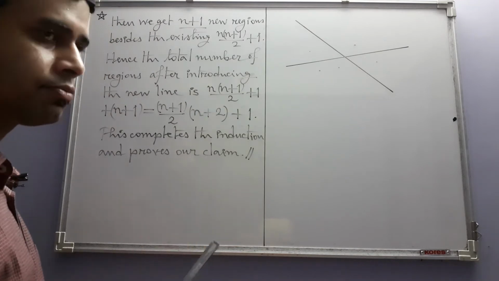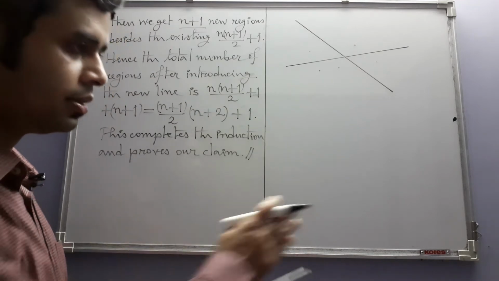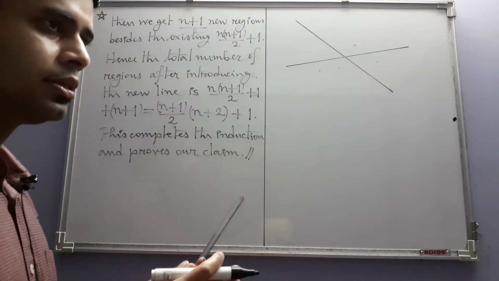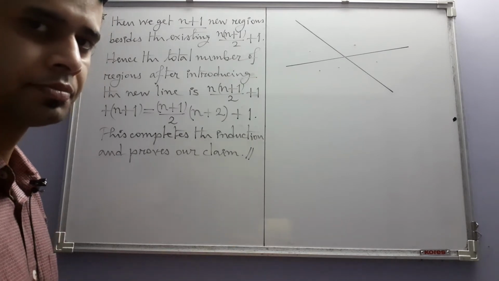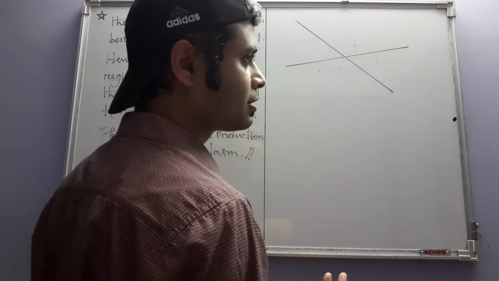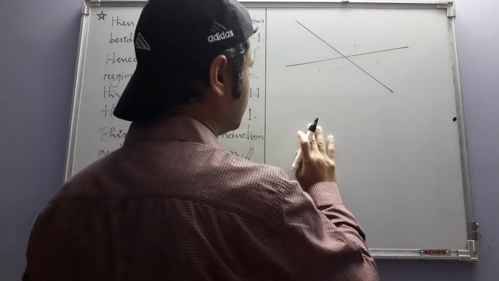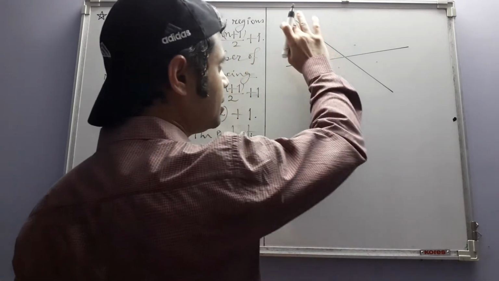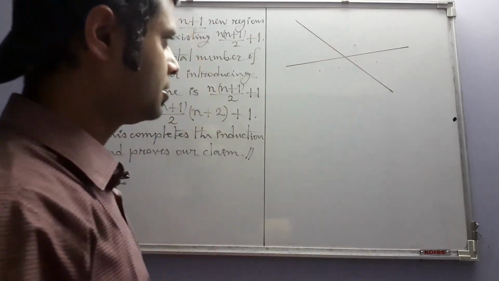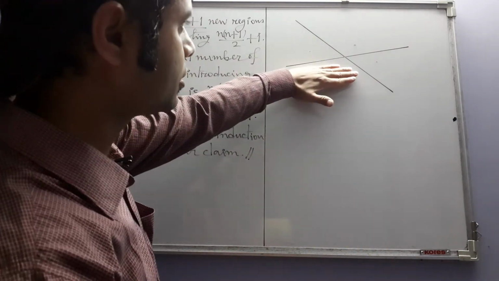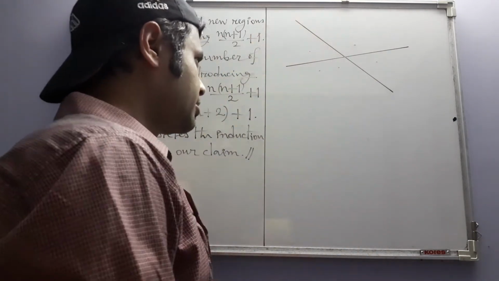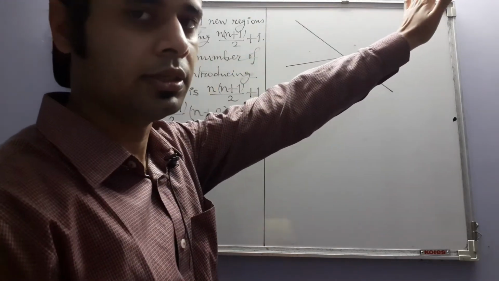A given line, of course, when it passes through a region, will cut the region into two halves. Well, I should not say halves because right now we are dealing with unbounded regions. You see, before the introduction of this line, we had this unbounded region and that unbounded region.